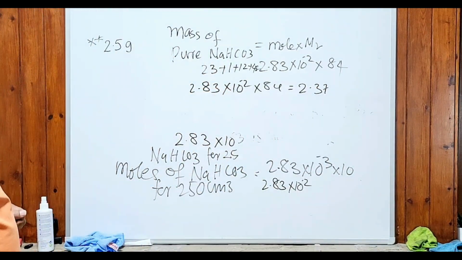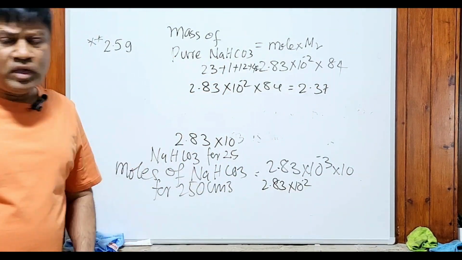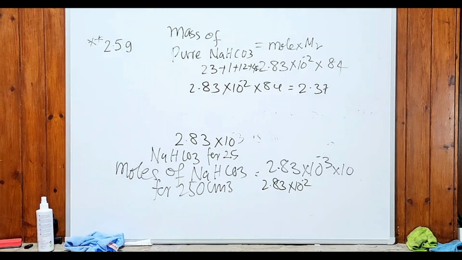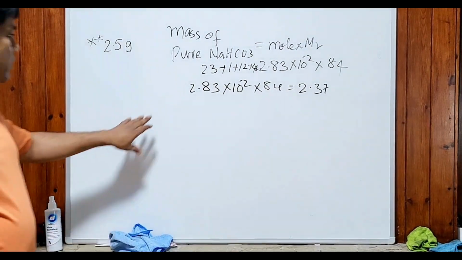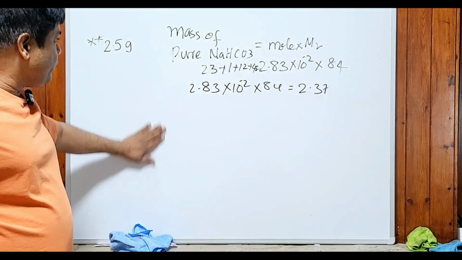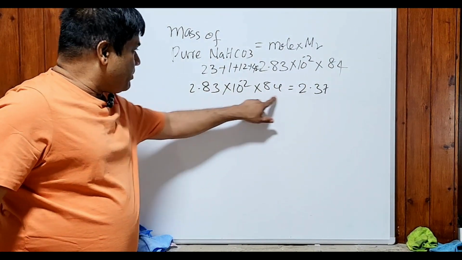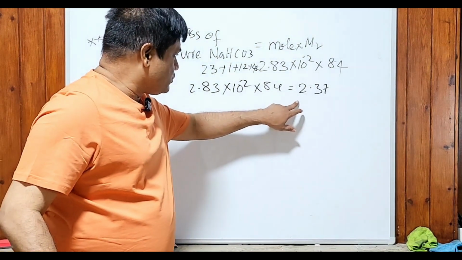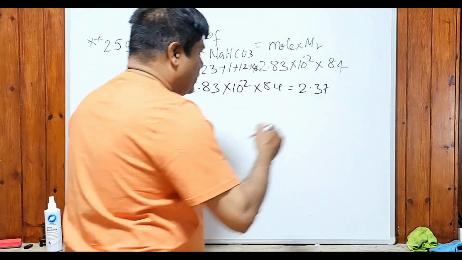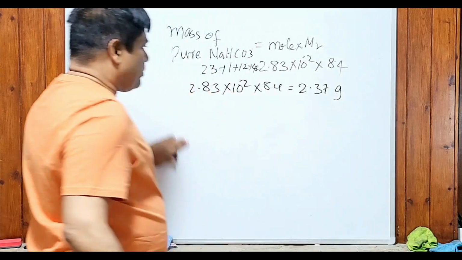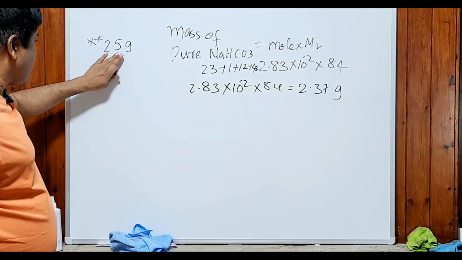That's the mass of pure sodium hydrogen carbonate. Mole times its MR, which is 2.37 gram. That's the mass of pure one. And look at the mass of impure one.